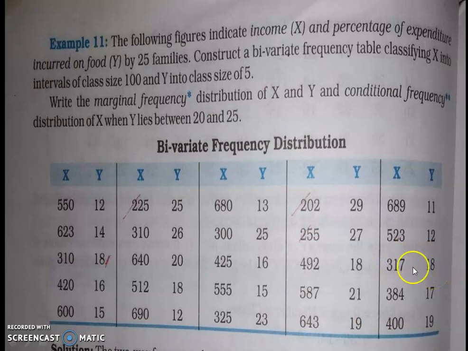So we can select this. So we got 2 variables. Third one is 384 and 17, okay. This falls between 300 to 400, and this y value falls between 15 to 20, okay. So these are the 3 variables: 310 and 18, 317 and 18, 384 and 17, okay.